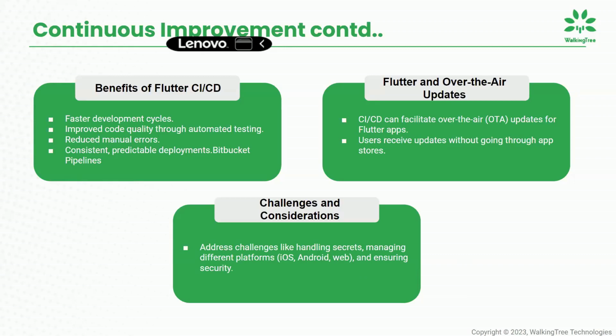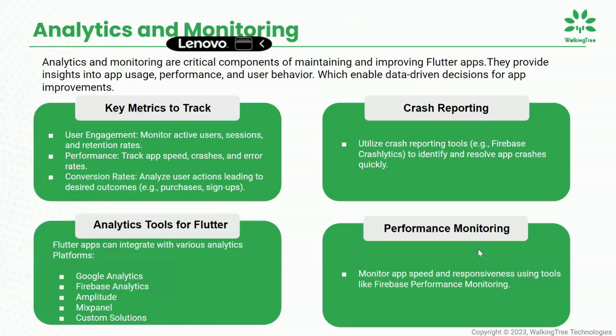Right. Now we talked about the repetitive process of development, deployment, and overall managing this cycle through the CI/CD process. Next comes continuous improvement, where analytics and monitoring play a key role. What are analytics and monitoring?